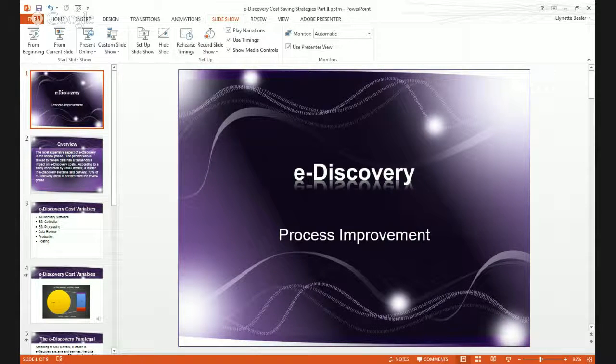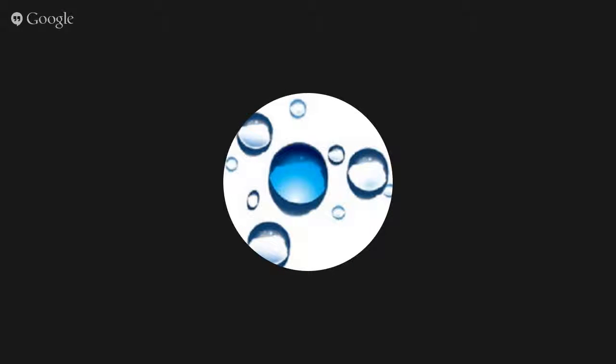Now, the ultimate goal in eDiscovery is to retrieve information that may be useful. So with that, you want to be sure to collect all the necessary data and also avoid giving over information that may be confidential.